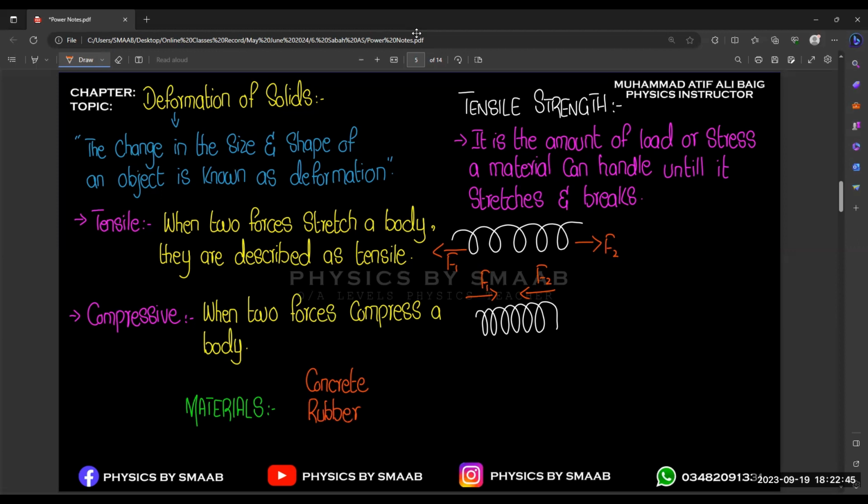Basically, rope depends upon the material, right? It is like a string or thread material. So we are talking about different materials: concrete is made up of complete solid, and rubber is made up of elastic material, right?